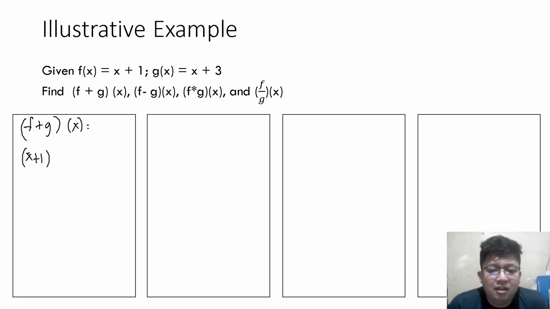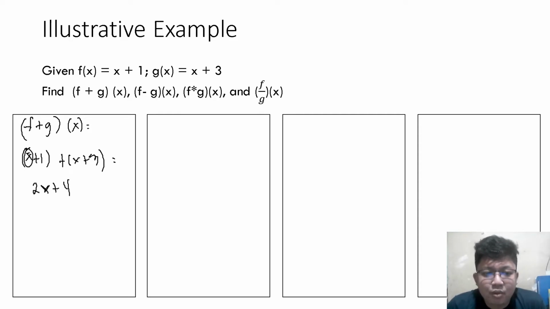This is for us to easily check whether a certain expression is a substitution or a value coming from a given variable. So, (x plus 1) and then (x plus 3). We simply add them and we have 2x plus 4. That's how easy it is. We just add, combining the like terms, and we get 2x plus 4.